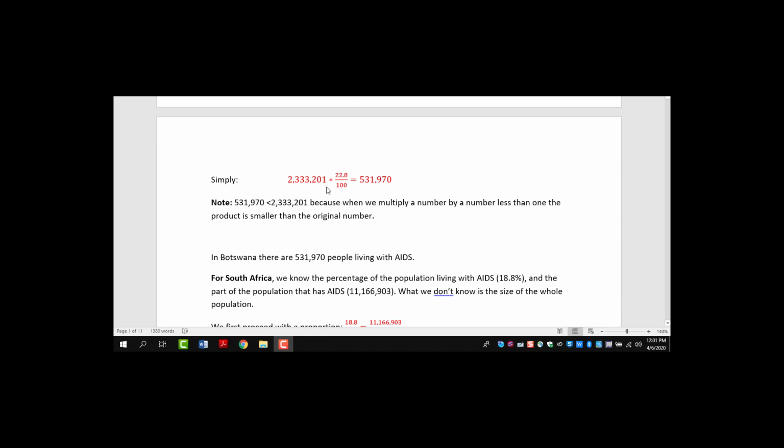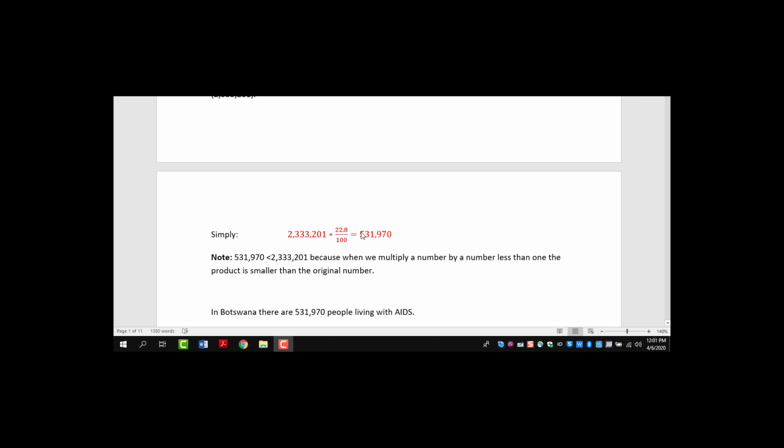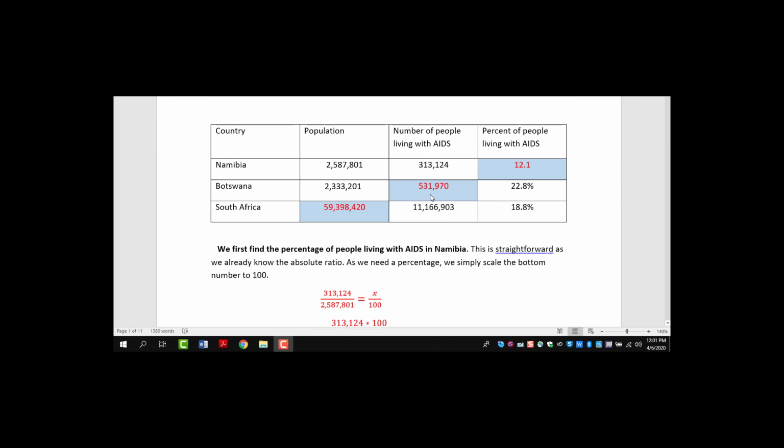It's just total population times people with AIDS over total population. If you look at the units, the populations are going to cancel, and you get the number of people living with AIDS, which is 531,970, which is right there.